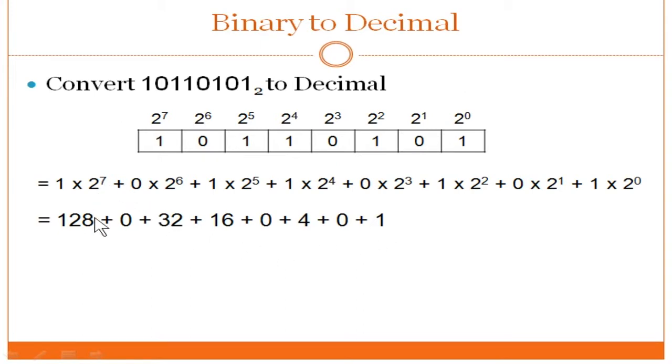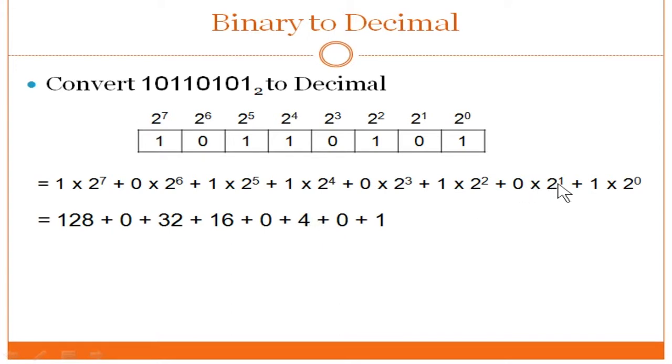So 2 to the power 7 is 128. 2 to the power 6 is already multiplied with 0, so you are getting 0 here. And then you got 2 to the power 5, that is 32. And 2 to the power 4 is 16. And then it is multiplied with 0, so you are getting 0 here. That is 2 to the power 3 is 8, which is multiplied by 0, you are getting 0. And 2 to the power 2 is 4, so you are getting 4 here.